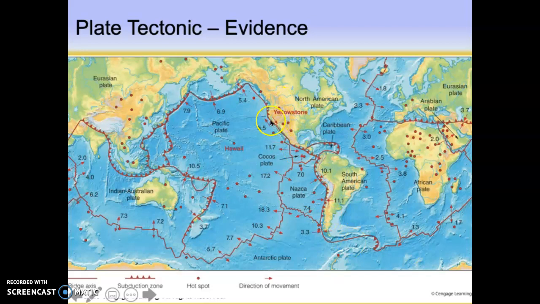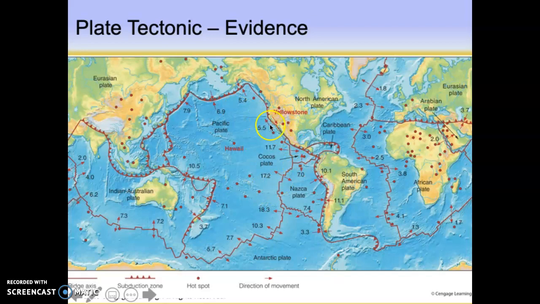So for example, you can see they've got a plate boundary drawn here in California. So you set up on either side of the San Andreas Fault, which represents the boundary between North America and the Pacific Plate. You set up some survey stations and you see, does one move past the other? Because that's what we think is going on at that plate boundary.